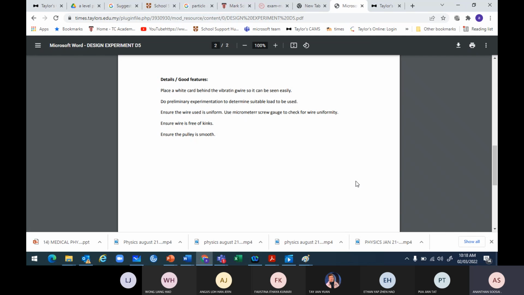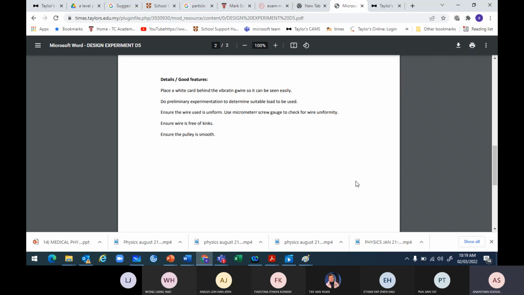Determine the suitable loads to be used with a preliminary experiment. If it's too heavy, then the tension is going to be high, so the frequency is going to be higher, and maybe it exceeds the frequency available in the signal generator.